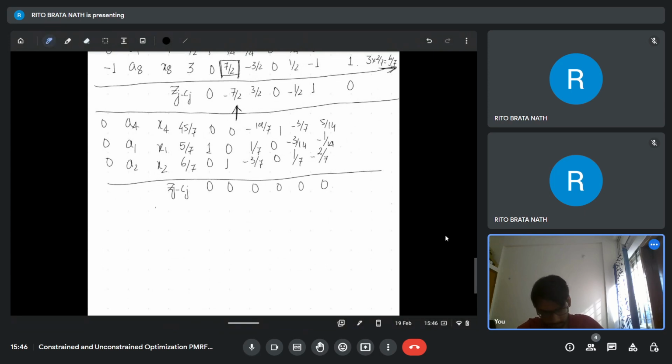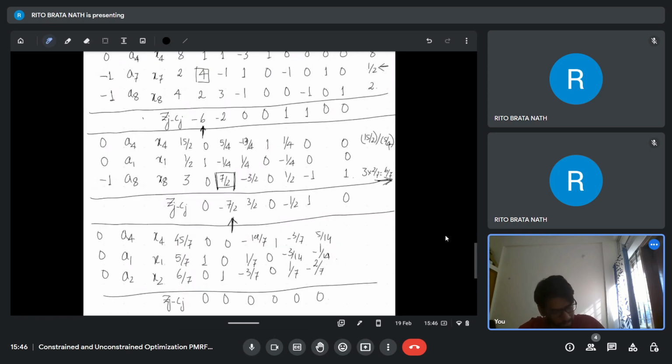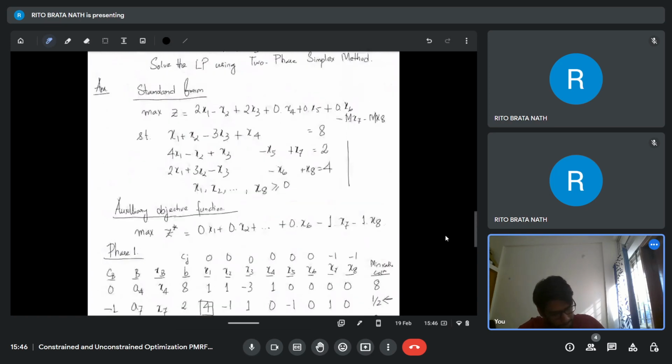So here you will get x1 is 5 by 7, x2 is 6 by 7, and x4 is 45 by 7. So that acts as your initial basic feasible solution now.